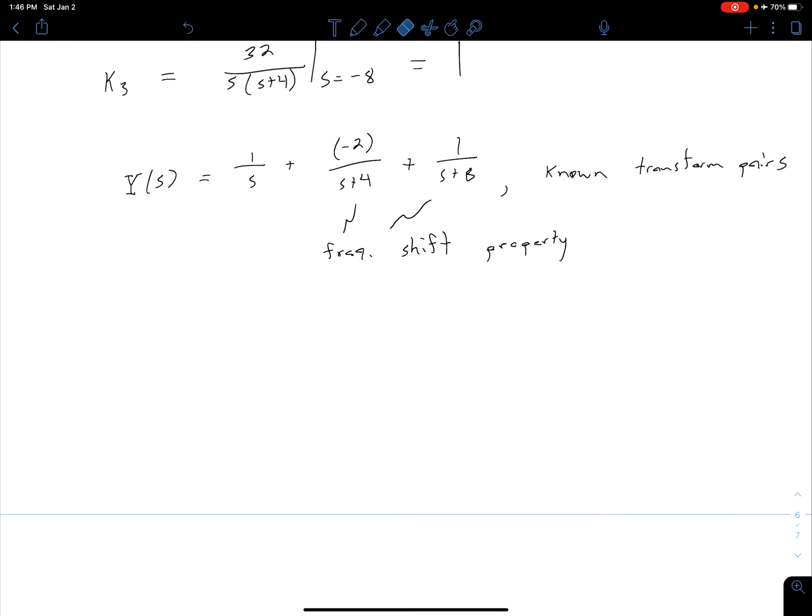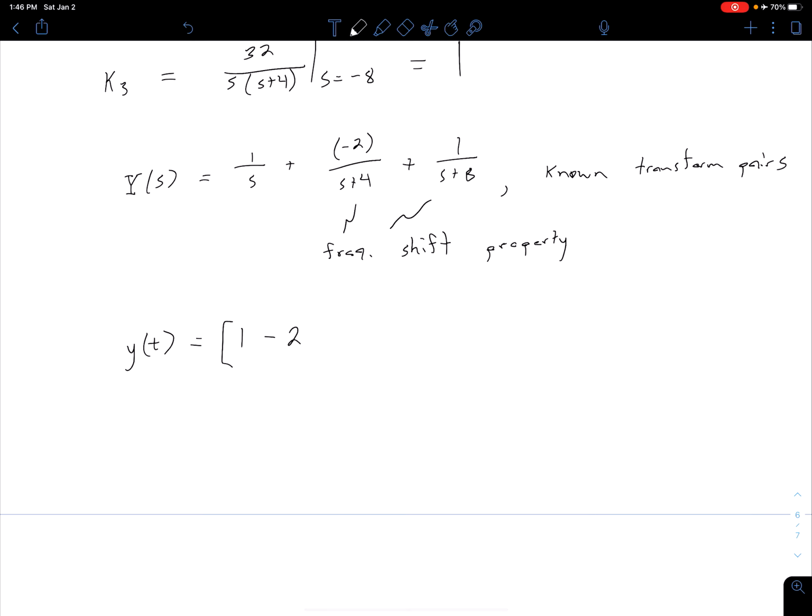So using those two tables, table 2.1 and table 2.2 in the textbook, we can then inverse Laplace transform this and say that our y of t is equal to, each term is going to have a u of t, so I'm going to go ahead and factor that out. So we're going to have a 1, and u of t is going to come later.